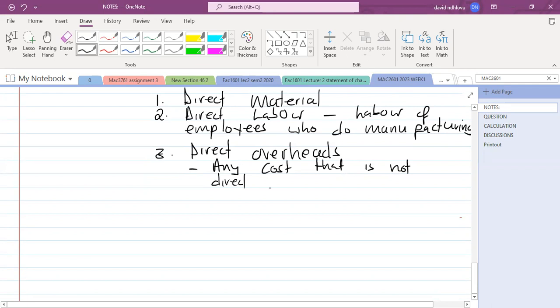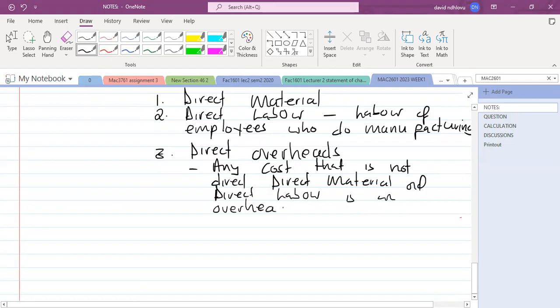So any cost that is not direct material and direct labor is an overhead.